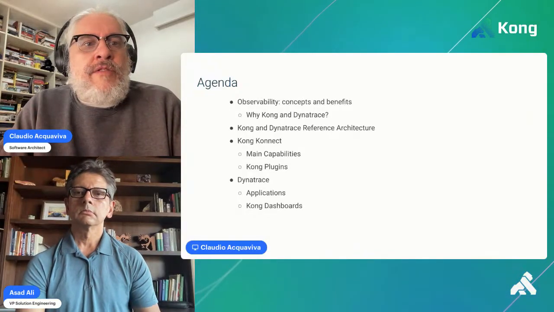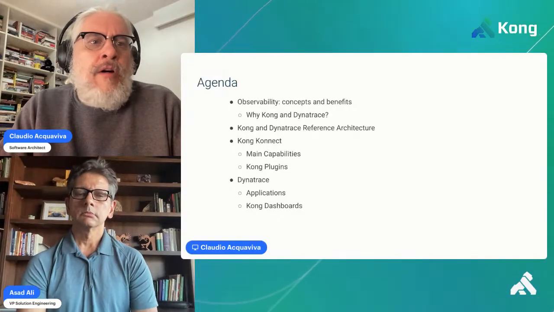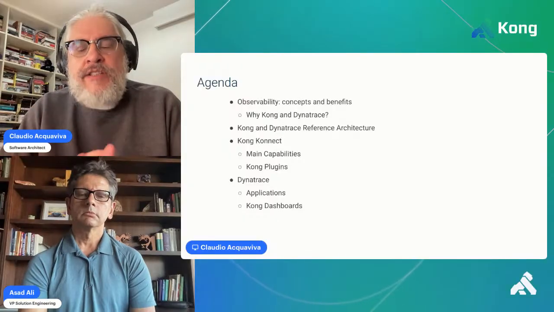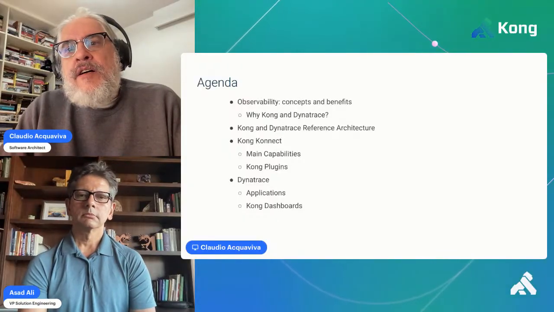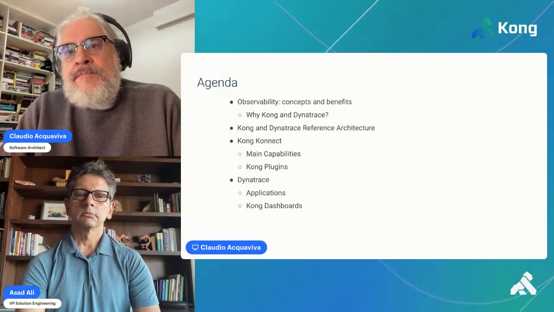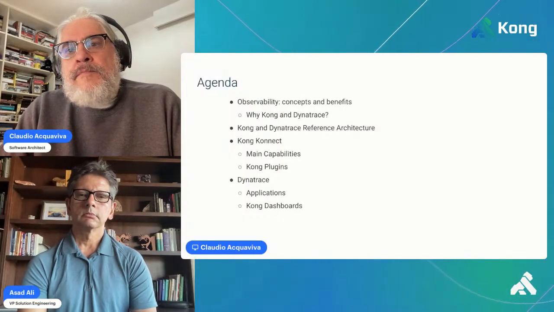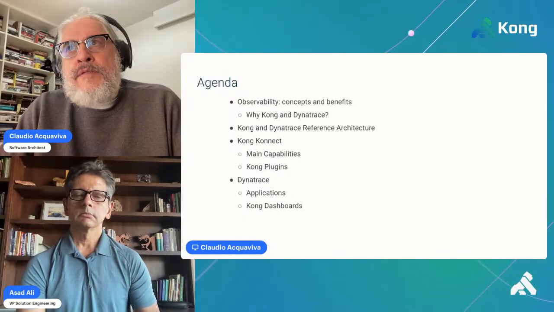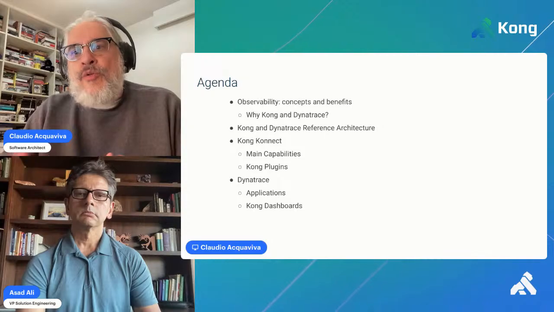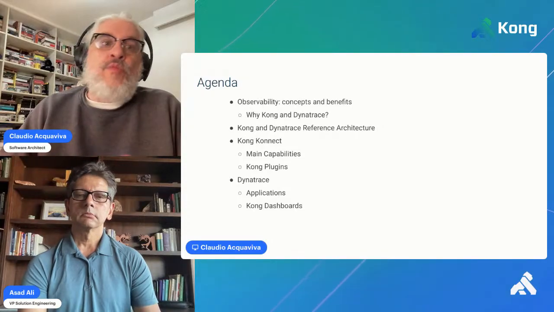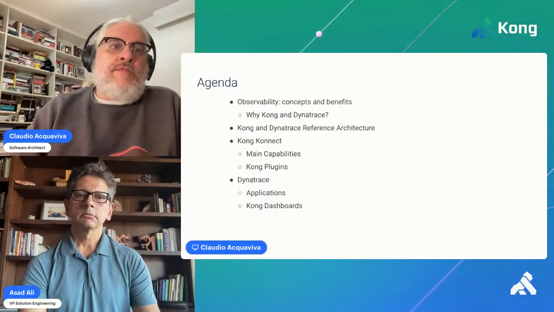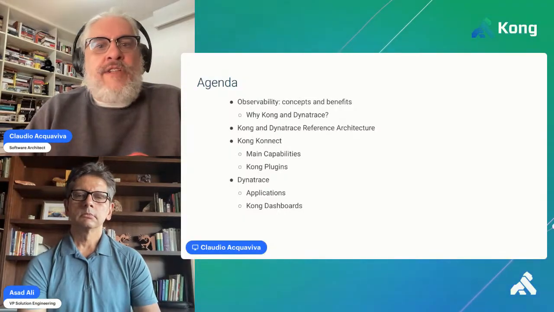And then we're going to cover how and what Kong and Dynatrace can do for you, to work together and implement observability capabilities at the Kong API gateway layer. To go a little bit more tangible, we're going to show a reference architecture showing what a Kong and Dynatrace architecture would look like. And then finally, we're going to describe a little bit the Kong and Dynatrace capabilities.